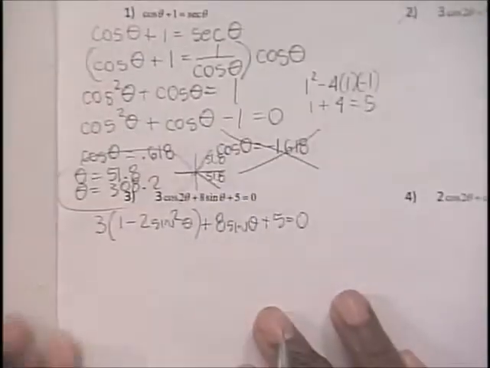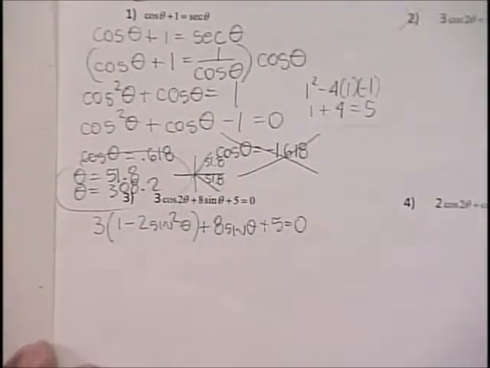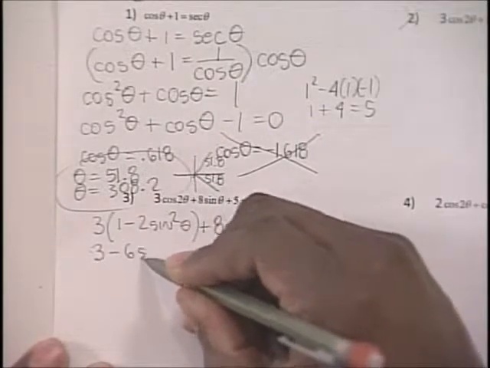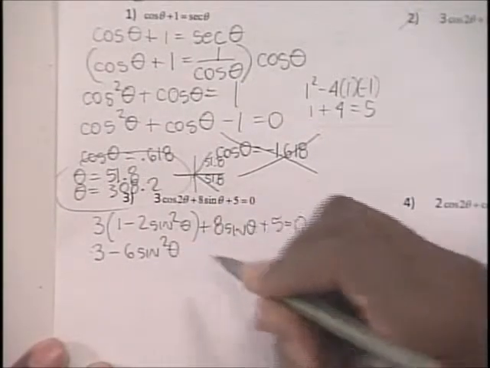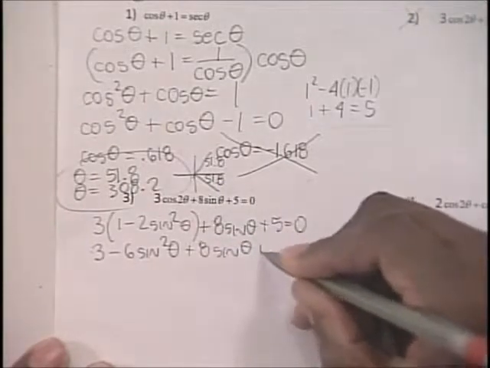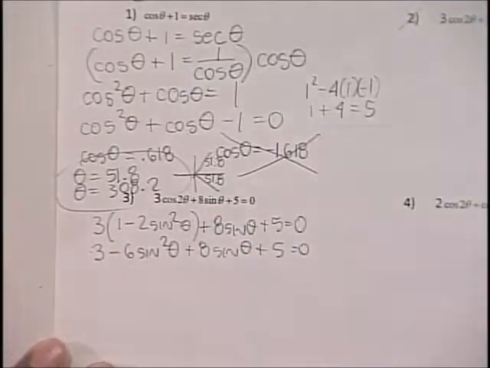All right, so now let's distribute that 3. We get 3 minus 6 sine squared theta plus 8 sine theta plus 5 is 0.